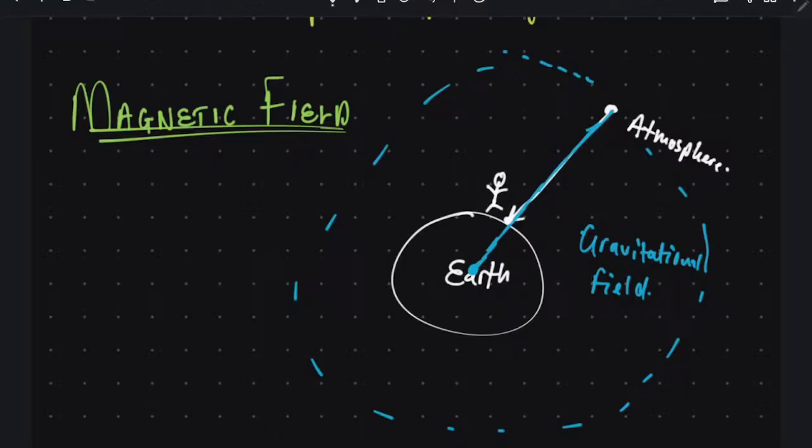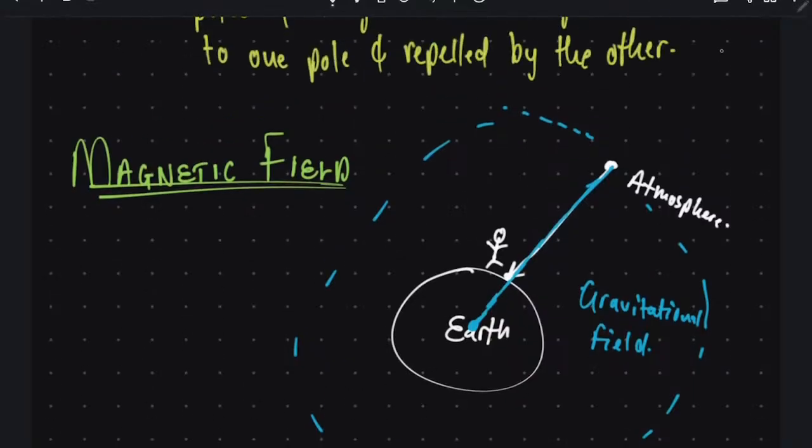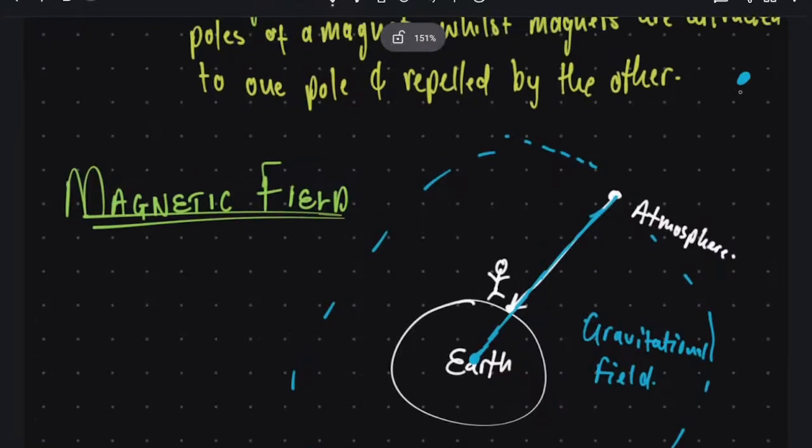Let's say you are an astronaut. You have a very powerful rocket, and you go away from earth and keep going until you go somewhere here. If your engine fails, my friend, you are not falling back on earth. You will fall somewhere else in space.